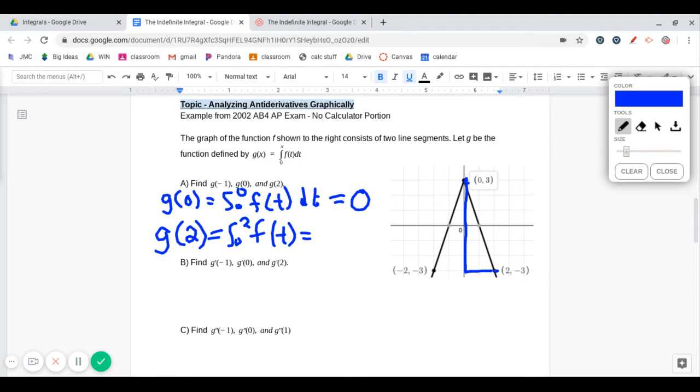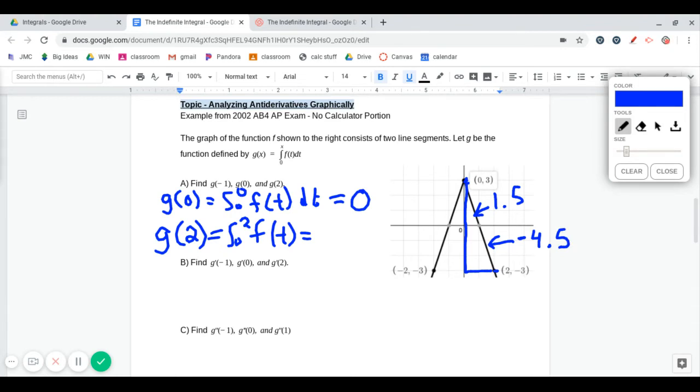Keep in mind that if an area is below the x-axis, that has a negative integral value. So this area right here is 1.5. This area down here, if you count, we got 3 plus 1.5, so 4.5. So this integral value is going to be -4.5.